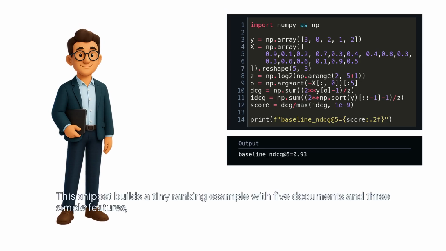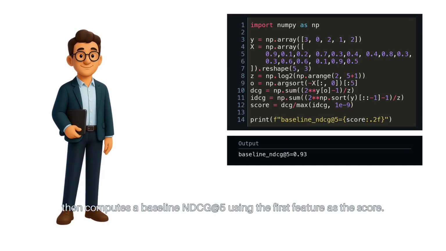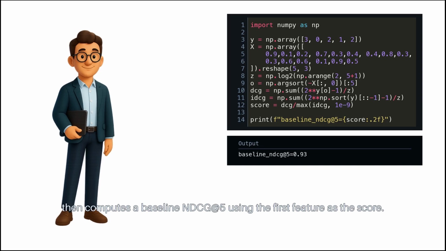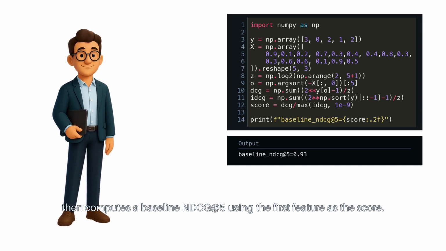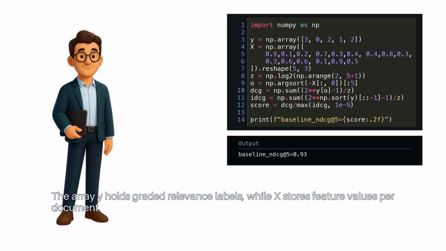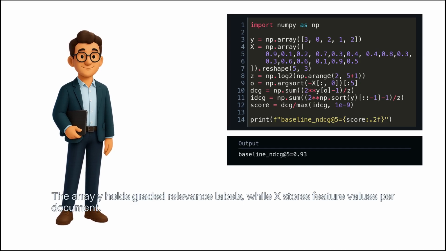This snippet builds a tiny ranking example with 5 documents and 3 simple features, then computes a baseline NDCG at 5, using the first feature as the score. The array Y holds graded relevance labels, while X stores feature values per document.